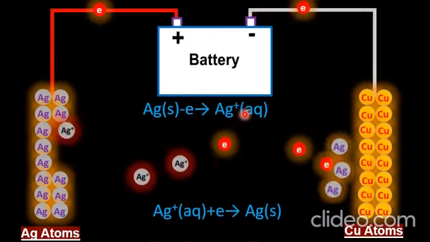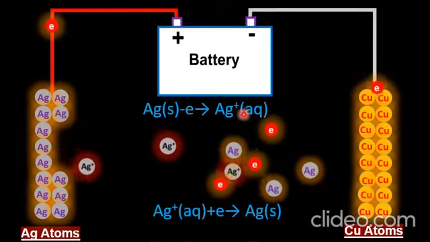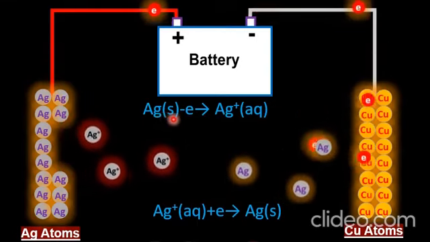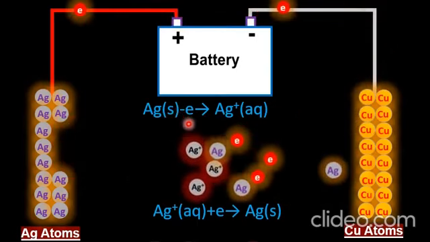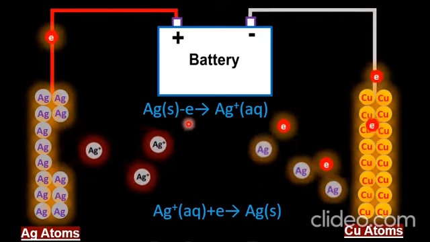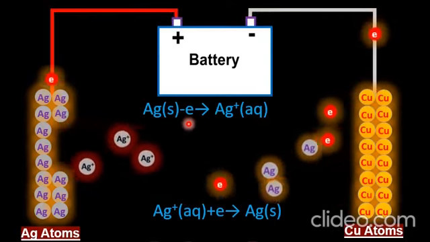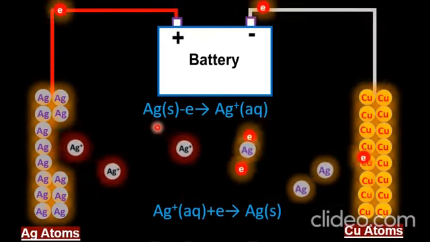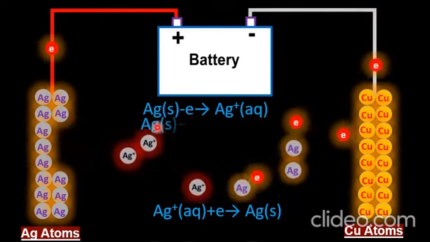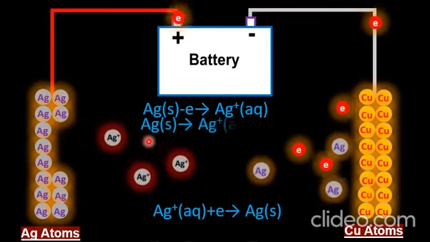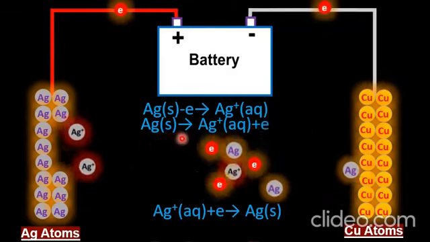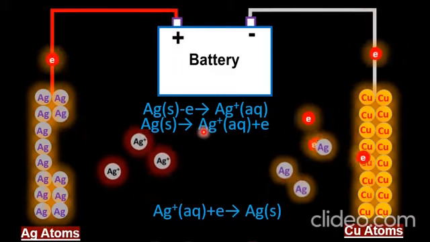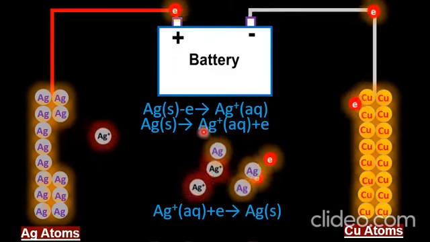So the negative sign before the electron will change into a positive sign on the other side, and we will rewrite our equation like this: silver in the form of a solid, then an arrow, and then silver in the form of aqueous, a silver ion, and now an electron on the other side.